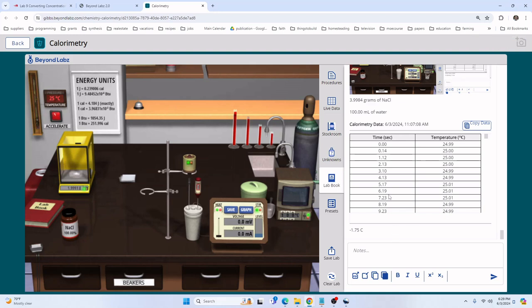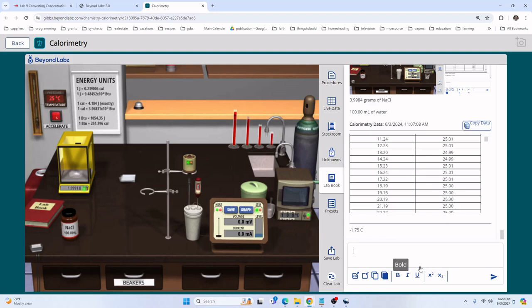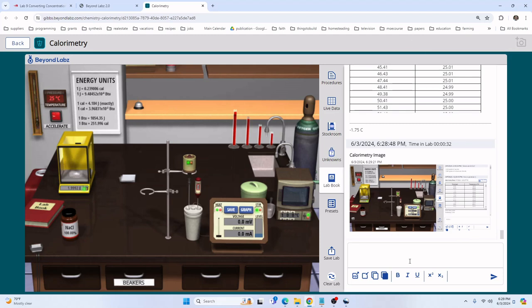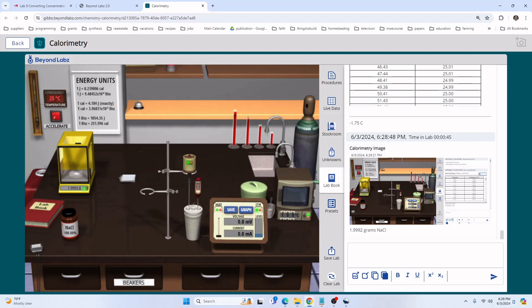Let's save a lab image, and that takes just a second. And then we'll put 1.9993 grams of sodium chloride, or 2, on the weigh paper. So we recorded the mass.